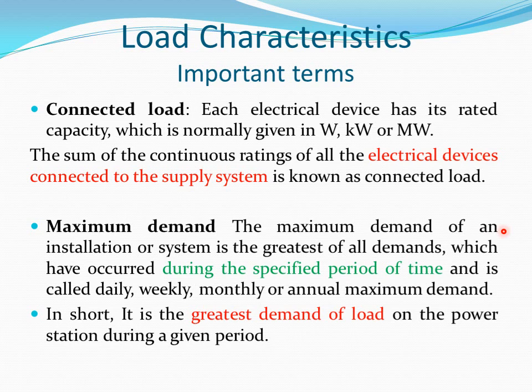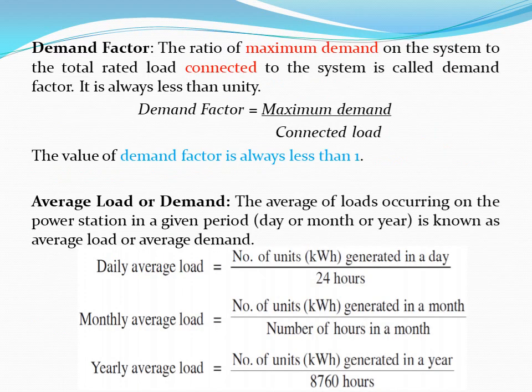Next definition will be the maximum demand. During a specific period of time, what is the maximum demand required? That will be the maximum demand. In short, the greatest demand of the load during a given particular time is called maximum demand.